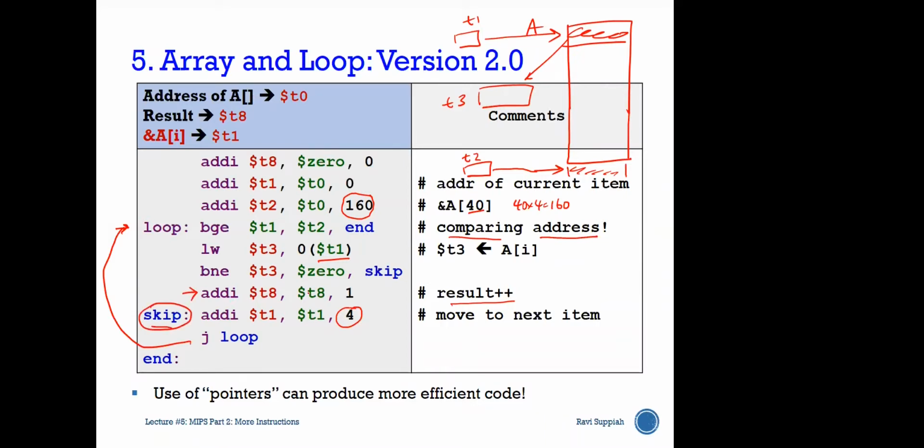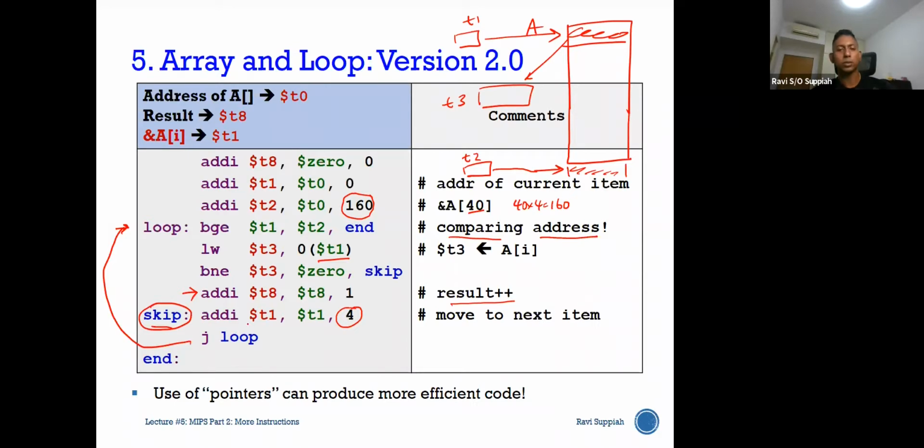Once I execute the result plus plus, I will still execute the next line, and then I will jump to the loop, the beginning of the next iteration. Then again I will compare and decide whether or not to repeat the loop.